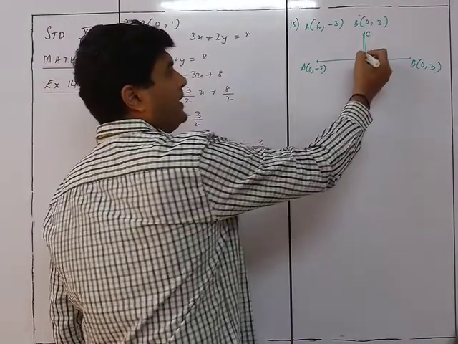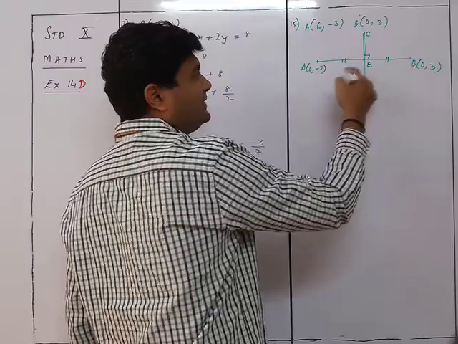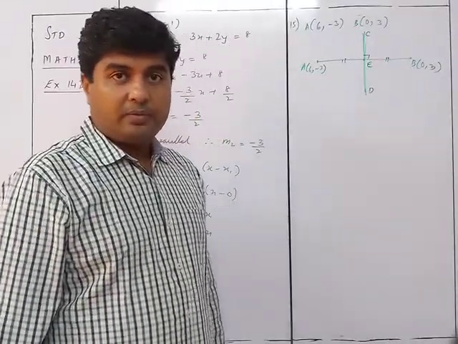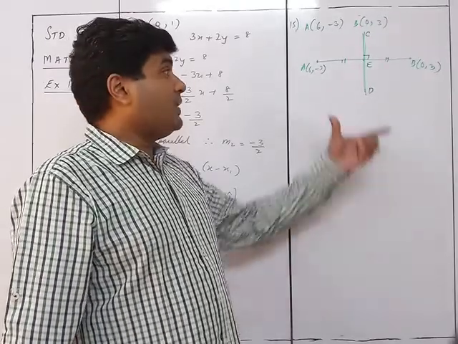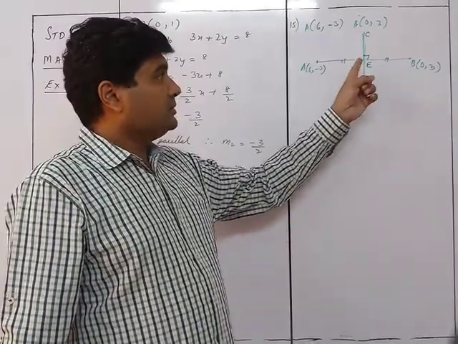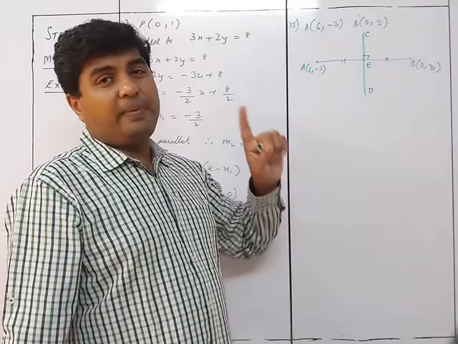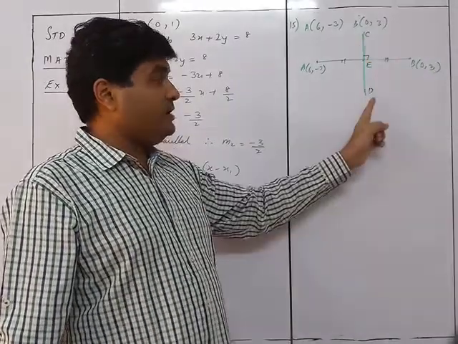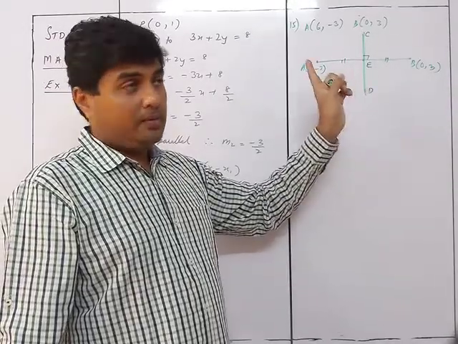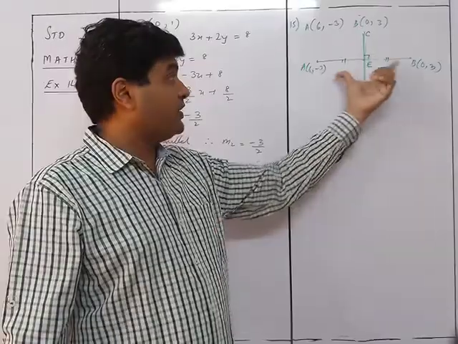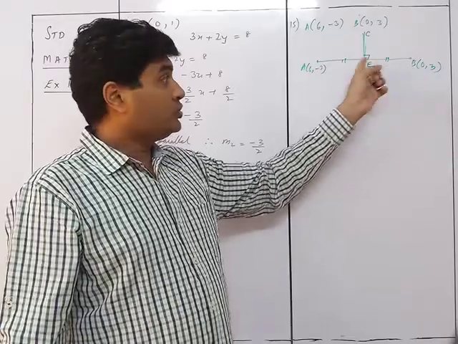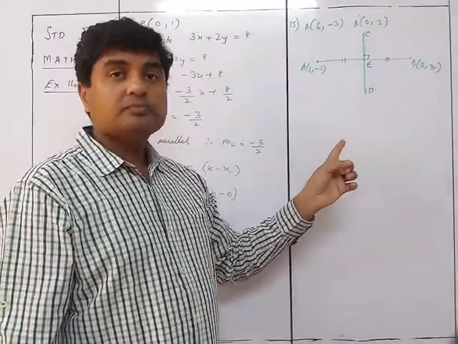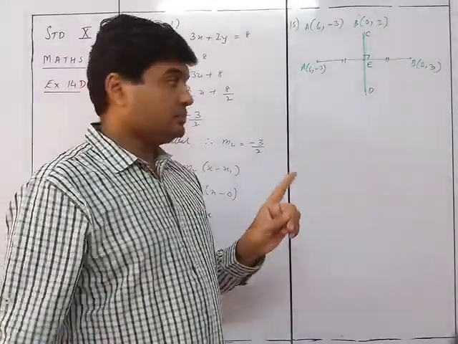Now when we draw this, things become easy, isn't it? Because perpendicular bisector means I need the midpoint and the slope of this line. How do I get the slope? Because it is perpendicular to AB, I can find the slope using m1 into m2 equals minus 1, which gives the slope of CD. Got it? So this is what you are going to do now.